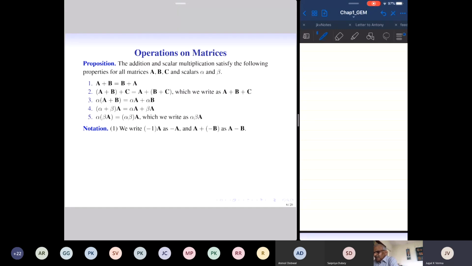Similarly, A plus minus B, we will write as A minus B, understanding that this is the sum of the two matrices A and minus B.